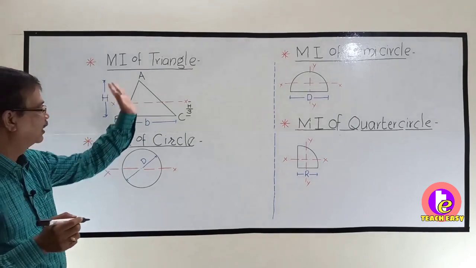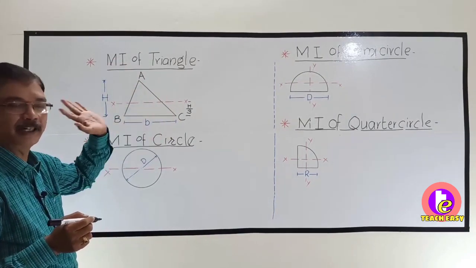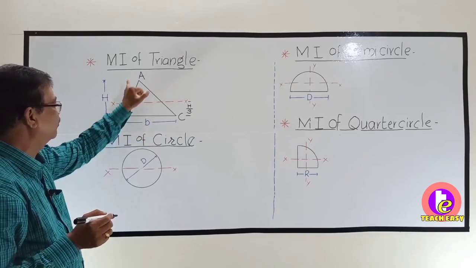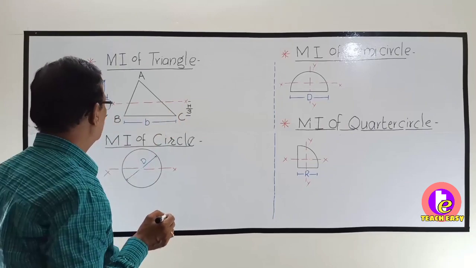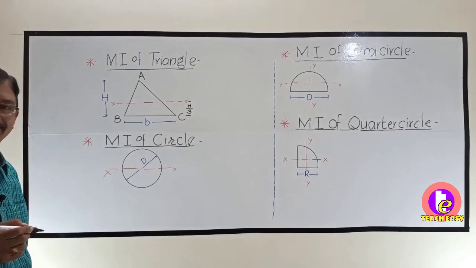Now you don't have any particular symmetry, so we cannot find out Iy for this one. Only we have got the formula about xx axis.